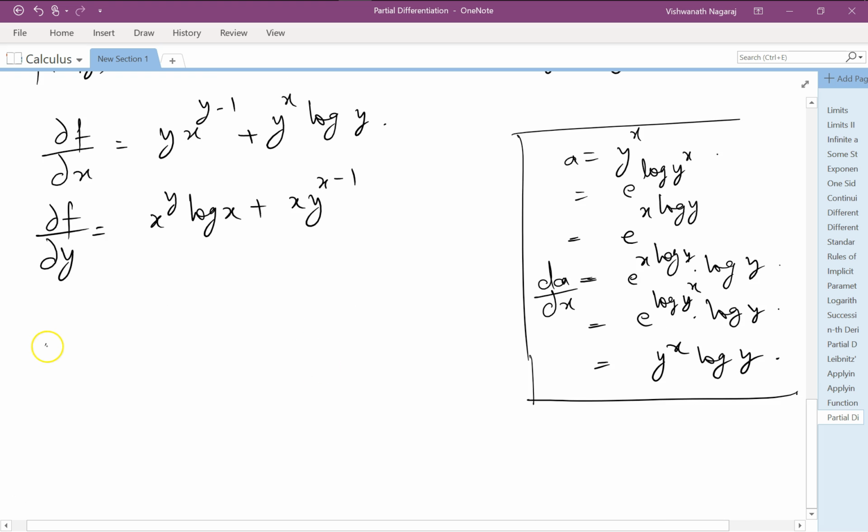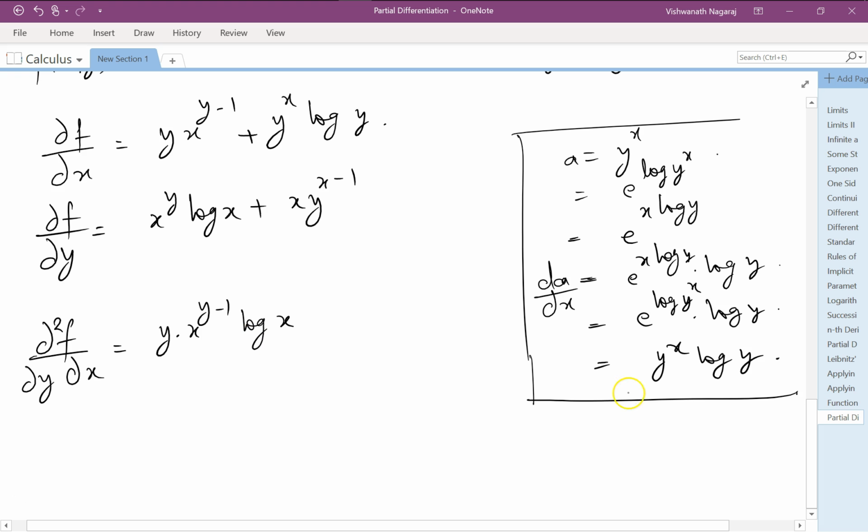Now dou square f by dou y dou x, we are going to differentiate dou f by dou x with respect to y. So here you have to take it slowly. y to the power of x to the power of y minus 1 log of x.